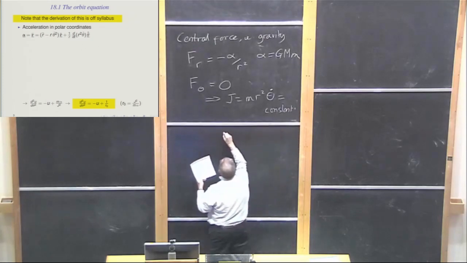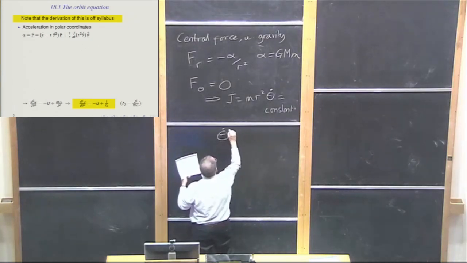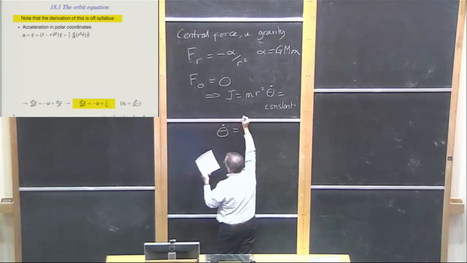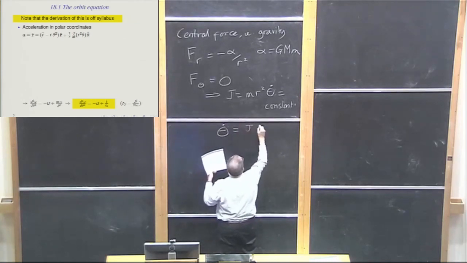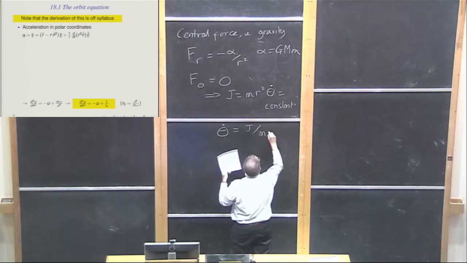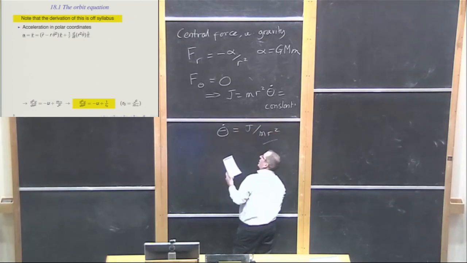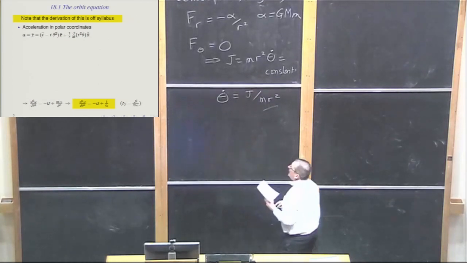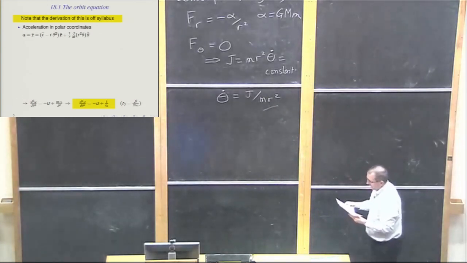And that can be rearranged to give us an expression for theta dot, which is j over m r squared, an equivalence we're going to be making use of.